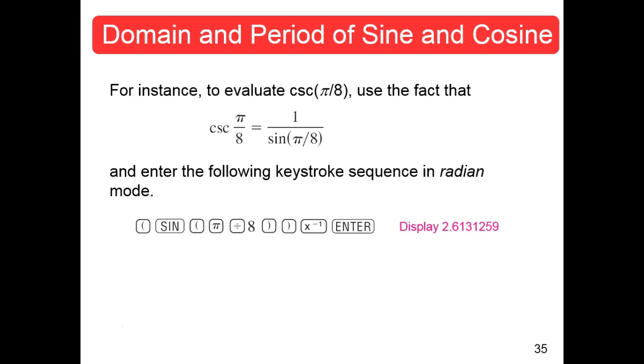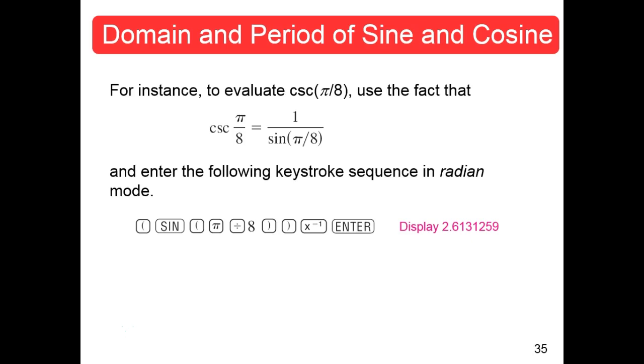If you just do sine of pi divided by 8, close parenthesis, and then do your reciprocal key, what are you going to get? It's going to reciprocate the 8, not the pi eighths or the sine. That's why you have to open with a parenthesis here and close with a parenthesis there, and then do your reciprocal key.